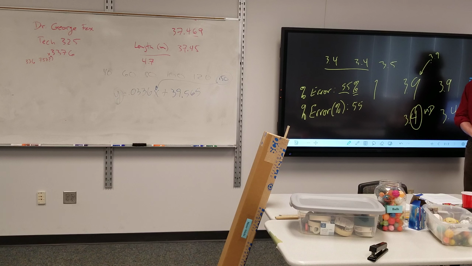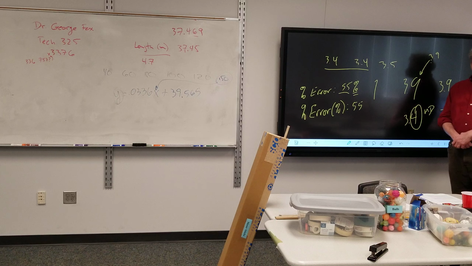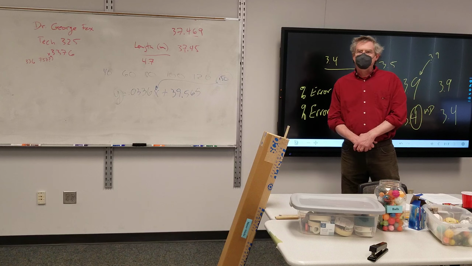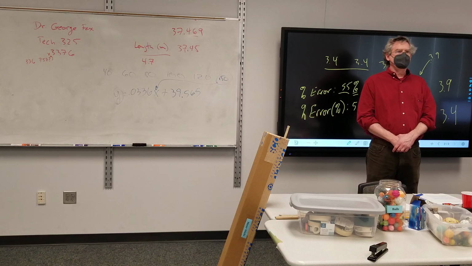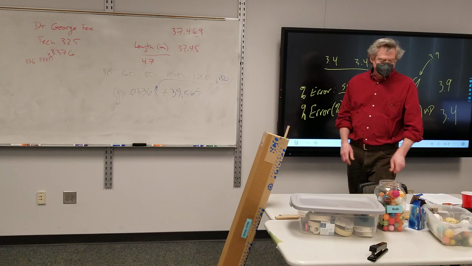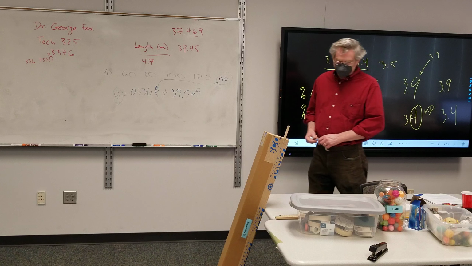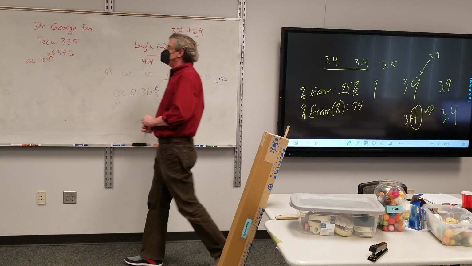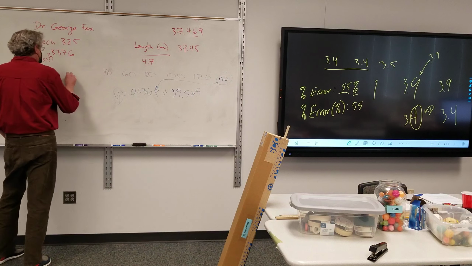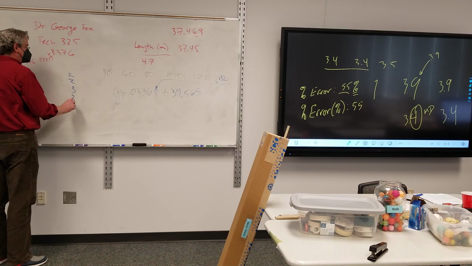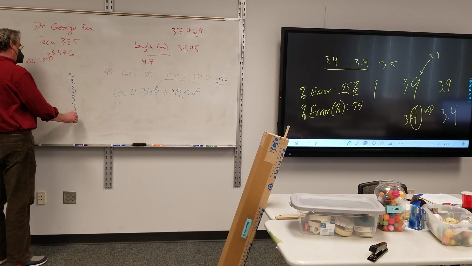Right. Other questions here? If I counted right, we have 16. I think I miscounted. Let's see. Nope, that's right, 16. I'm picturing groups 2, 2, 3, 3, 3.